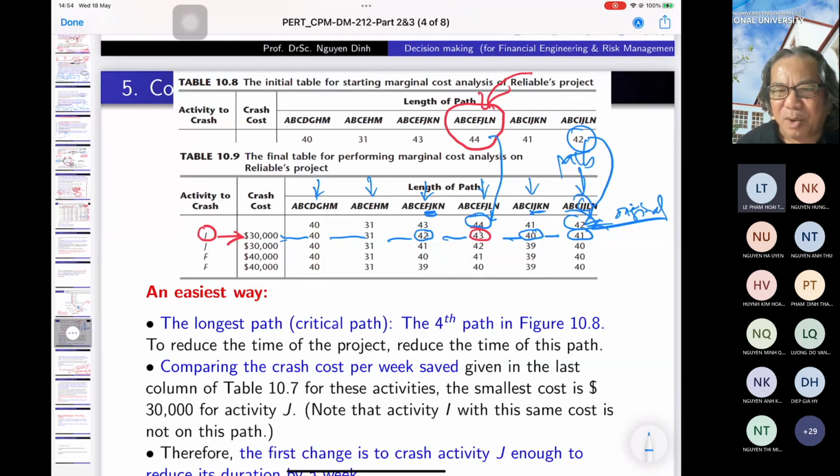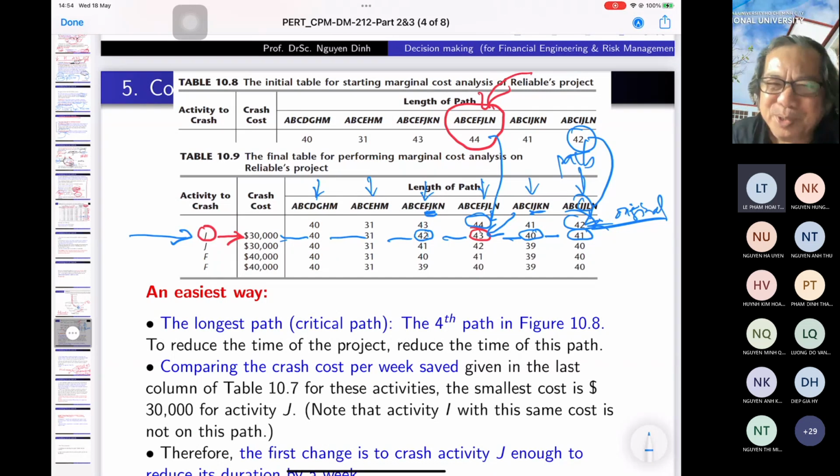I just reduce the duration of J, and we still have six paths, and the lengths of the paths when we reduce J become: 40, 41, 42, 43, 40, 41. And this one is still the critical path. Is that okay? This is still the critical path, and it's longer than all the other paths.